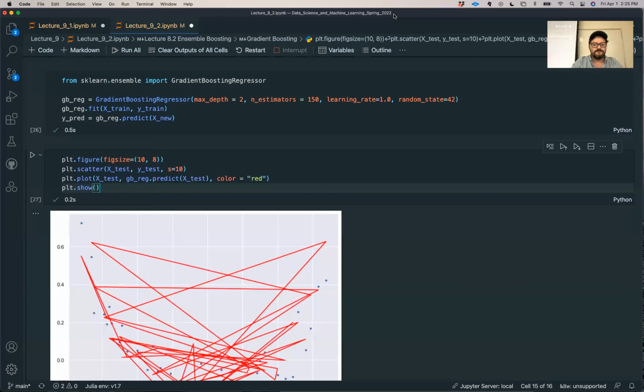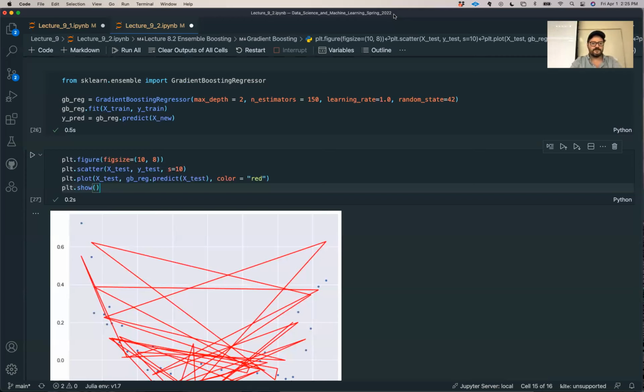and then do x0 for x in points like that. And then y new test, np dot array x1 for x in points.